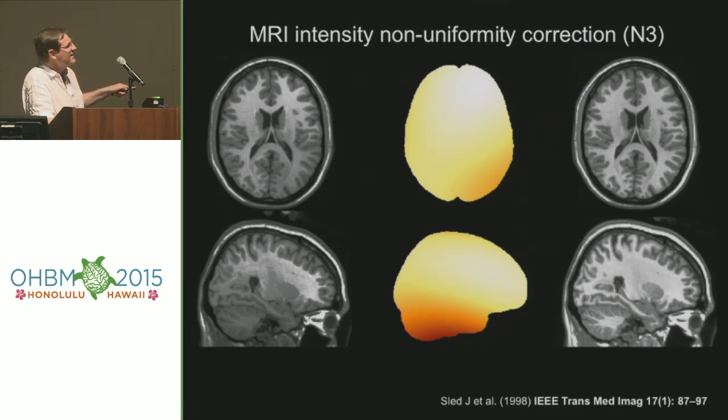For instance, look at the white matter intensity changing from front to back of the brain here. This plays havoc with any attempt to do tissue classification into gray, white, and CSF. Here's the bias field that's extracted by the N3 algorithm. And this is the restoration of uniform density for the three tissue classes that you subsequently wish to segment: gray, white, and CSF.